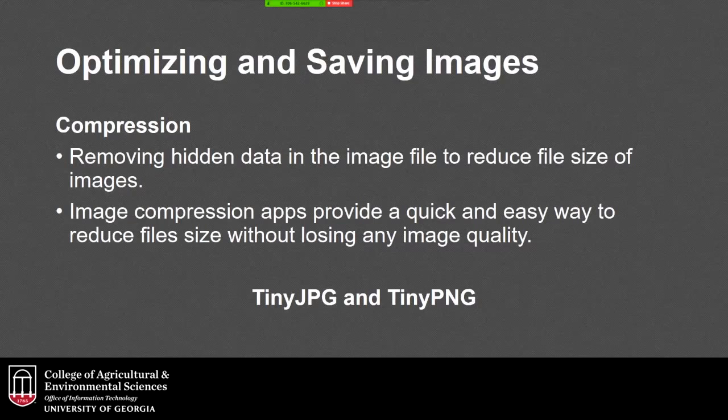The two that OCCS uses and that I use are Tiny JPG and Tiny PNG, and I will include a link in the chat when I actually go to use those.